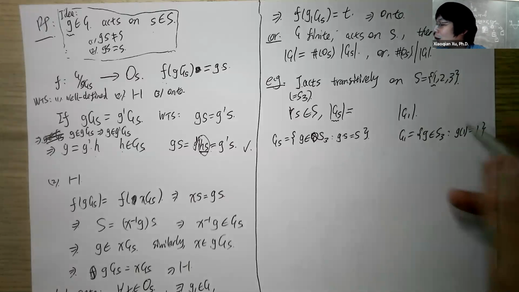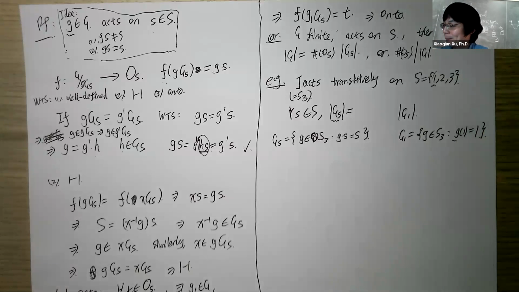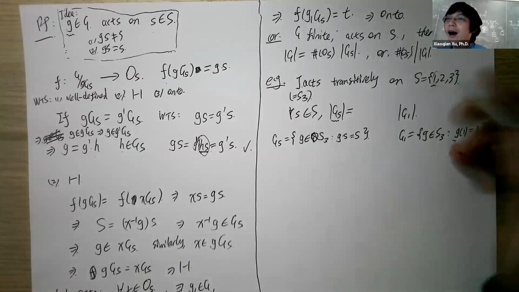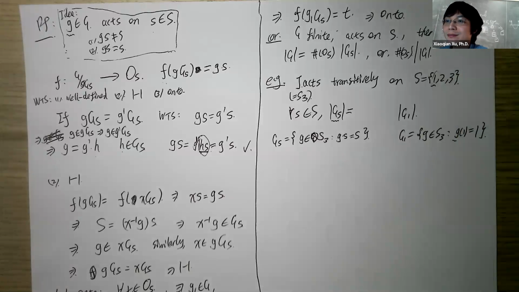If you want a map, which is a permutation on 1, 2, 3, to fix 1, what would be the option? What would be the only possible non-trivial permutation?